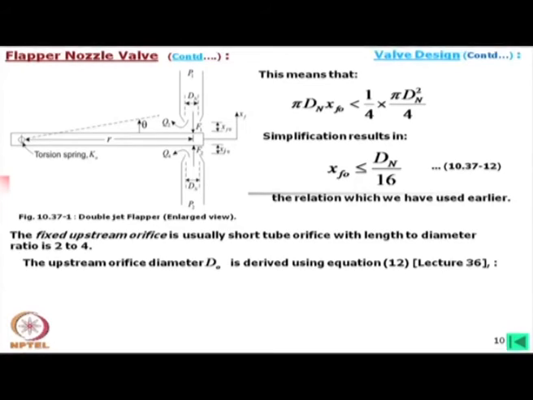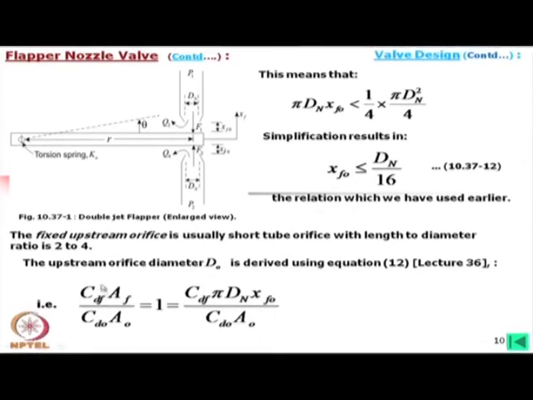There are different models, but we will see some realistic data. The upstream orifice diameter d0 is derived using these equations. We would like to maintain this ratio equal to 1, and from there, AF is the curtain area, and A0 is this upstream orifice area.